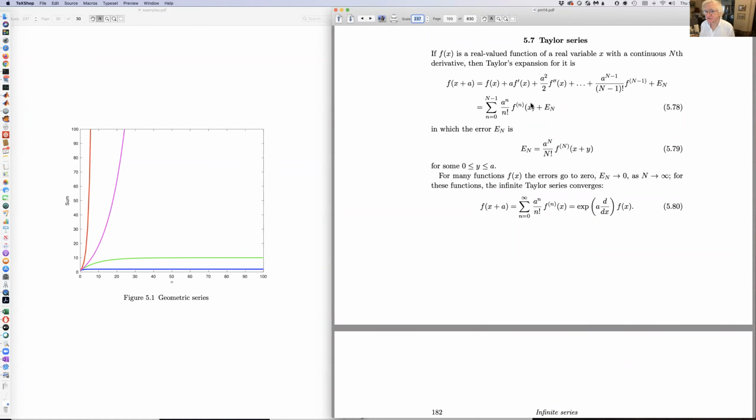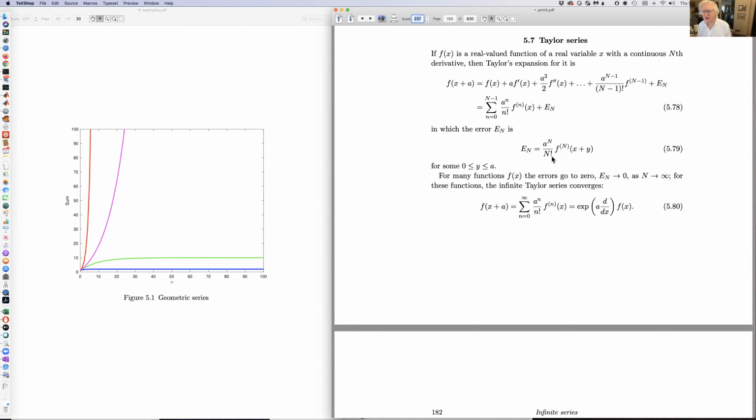Well, this is something I'm sure you learned in freshman calculus, that if you have a real valued function of a real variable and it has continuous derivatives, then you can write an expansion that f of x plus a is f of x plus a times f prime, a squared over 2 f double prime, dot, dot, dot, and an error term. And the error term, it turns out, there's a nice formula for it.